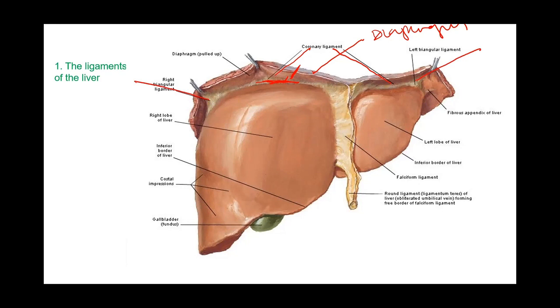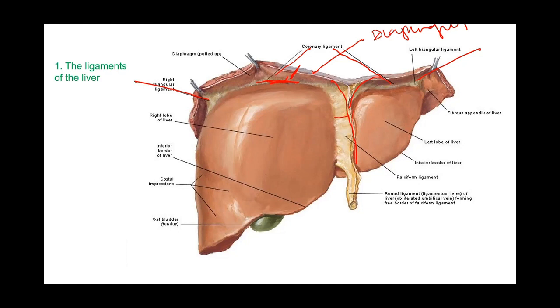Now, in front of the liver, there is a ligament that originates from the coronary ligament and comes down to form a double layer. And these ligaments attach the liver to the anterior abdominal wall.